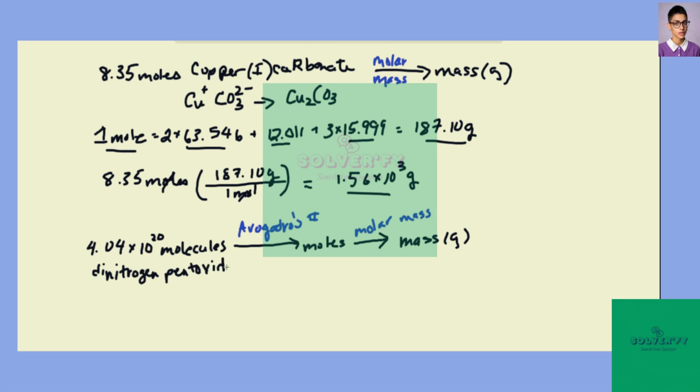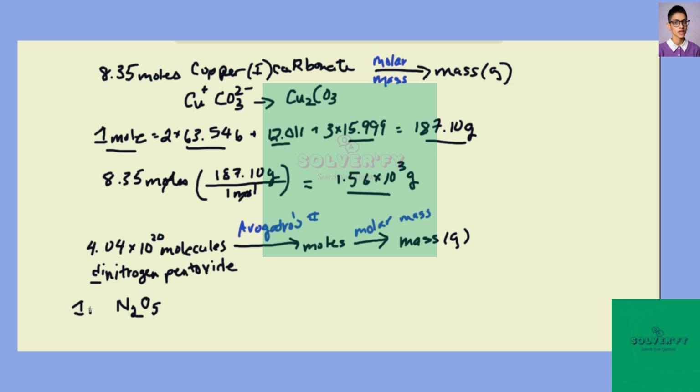So to find the molar mass of dinitrogen pentoxide, we find the formula. We know that it has nitrogen, and the di means there are 2. It has oxygen, and the pent means 5. So I have N2O5.